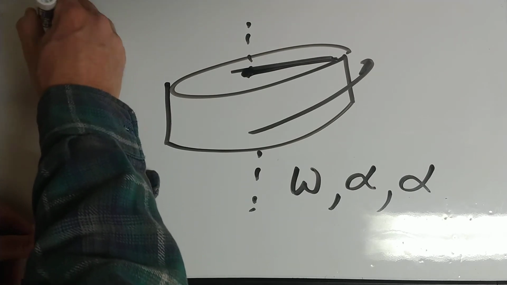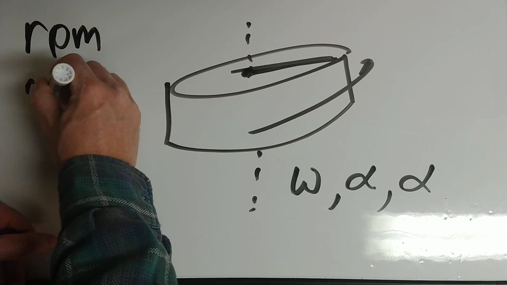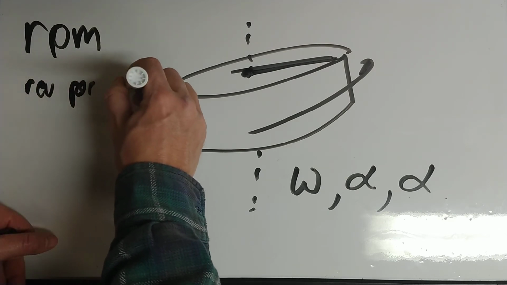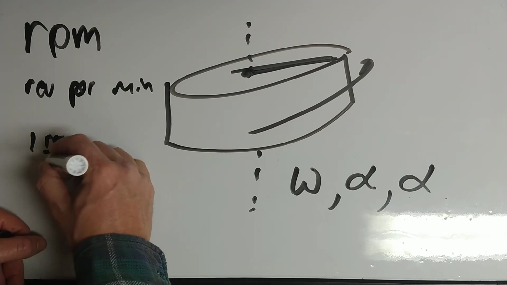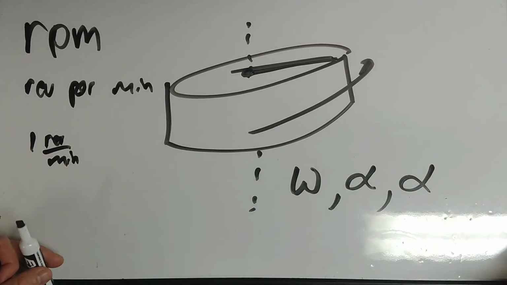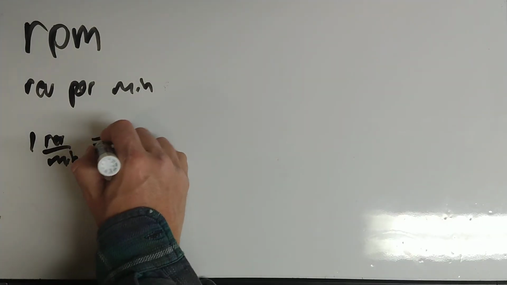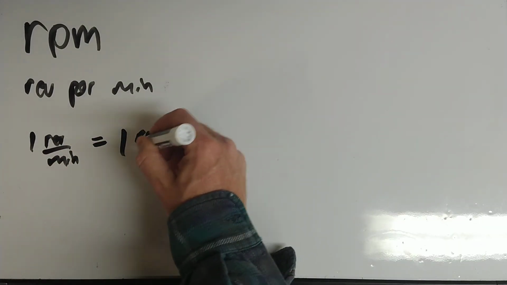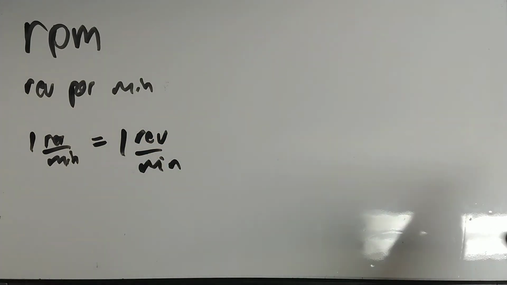You've seen this before. RPMs are revolutions per minute. So 1 rev per minute is equal to, I'm going to do some dimensional analysis here, the old chemistry technique, stoichiometry, where you cancel out stuff.